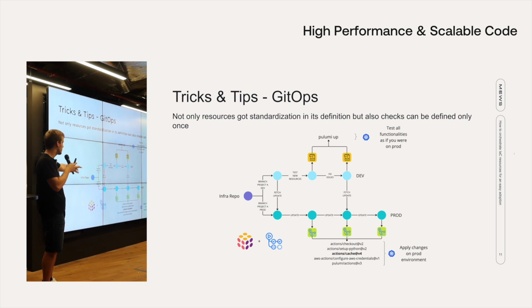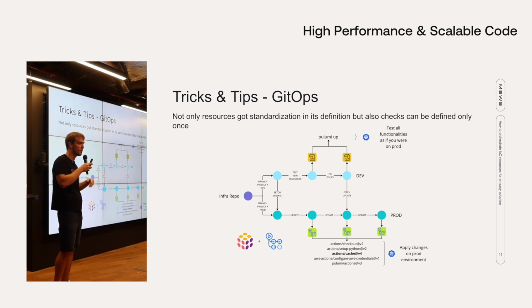The other cool approach about that is that you could get rid of a lot of checks on the infrastructure that you are defining. You probably know whenever you are trying to do a pull request, there might be hundreds, if not 50 or whatever number of checks that the code is going to be running.